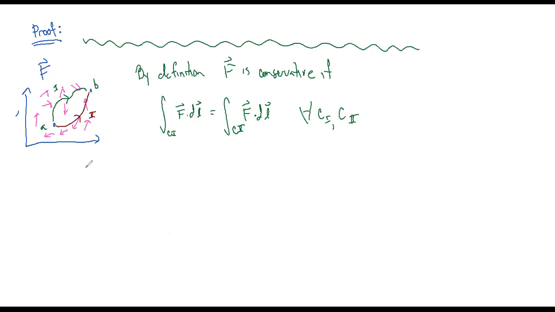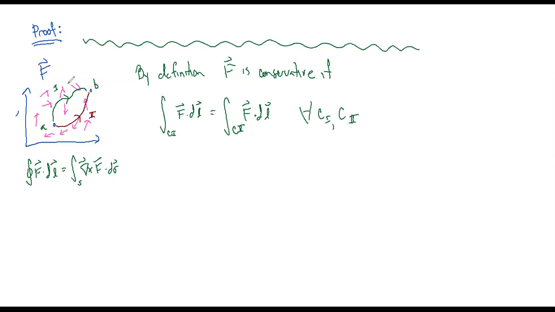Exactly. So Stokes' theorem says this: the integral of f dot dl equals the integral over the surface of curl f dot d sigma, right? And it looks like we almost have this closed loop. Any two paths, provided I flip one, will turn into a closed loop.